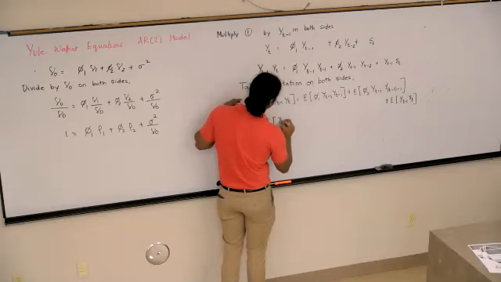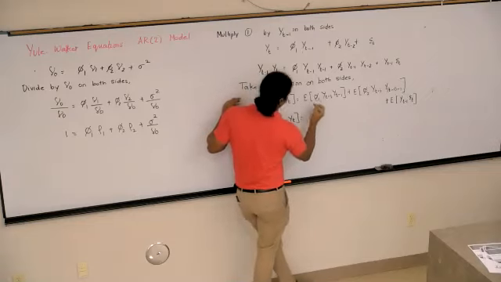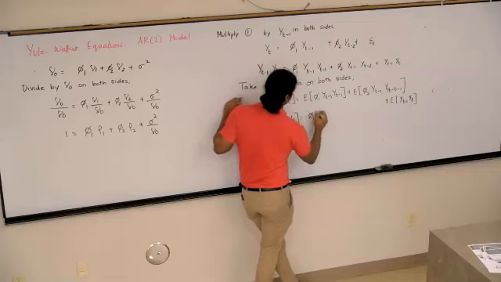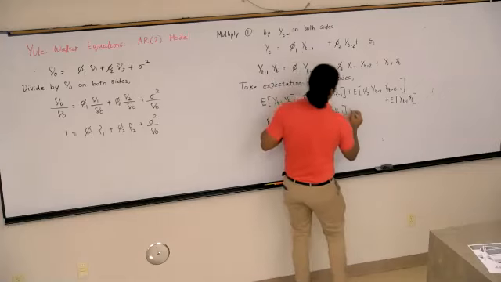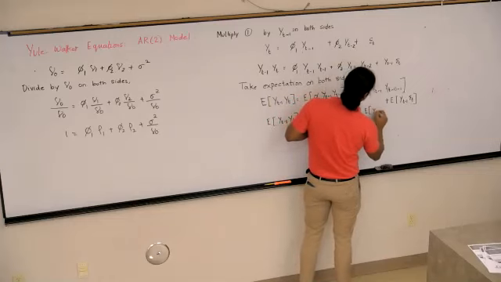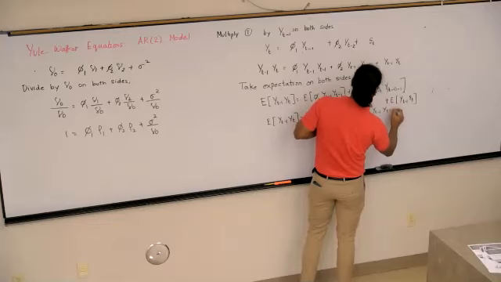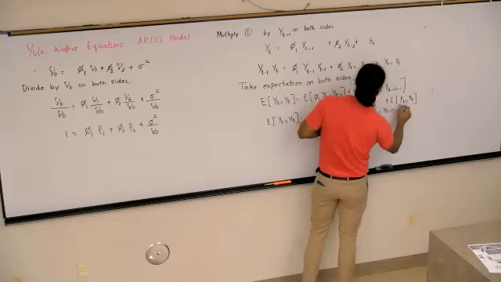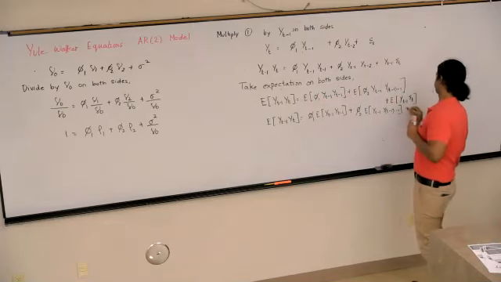Expectation of yt minus 1 times yt. You can pull phi1 out: expectation of yt minus 1 yt minus 1. You can pull phi2 out: expectation of yt minus 1 yt minus 1 minus 1.